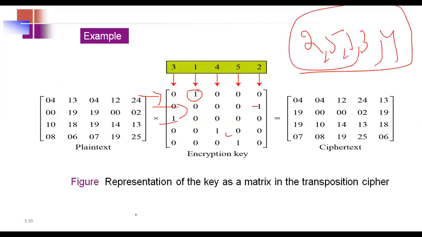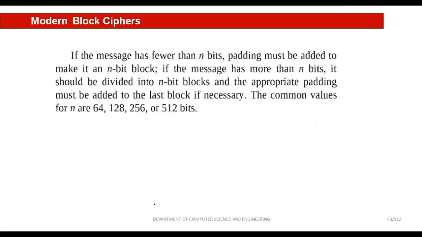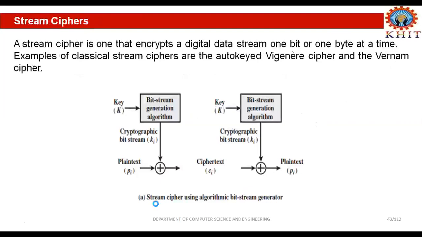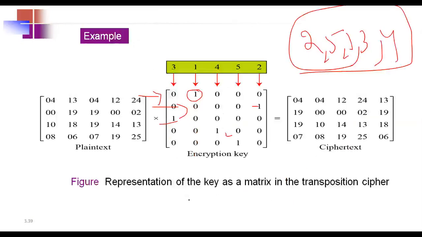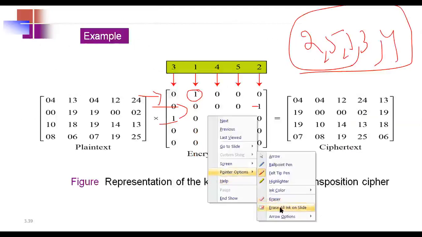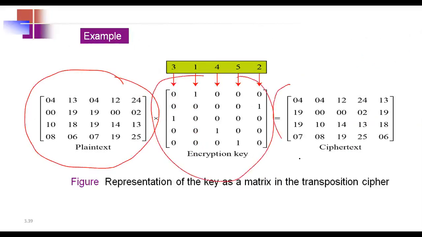Now, to get encryption or decryption: for encryption, simply multiply the plain text matrix with the key matrix. This is the ciphertext matrix.